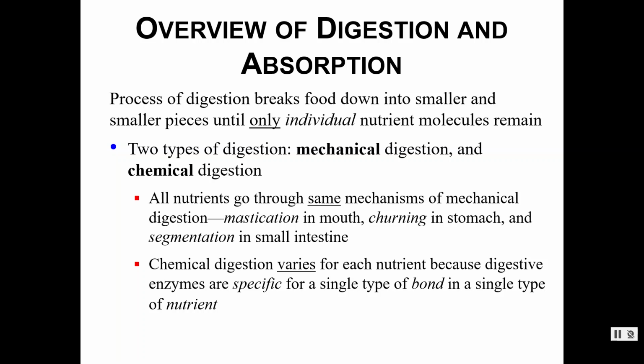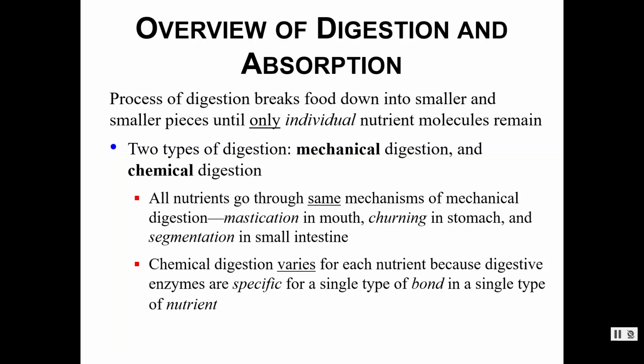All of the nutrients go through the same mechanisms for the mechanical digestion. So everybody does mastication of their foods. They're going to chew their food. Everybody does the churning in the stomach, the segmentation in the small intestine. And then chemical digestion is going to vary based on what types of foods you have consumed at that particular point.